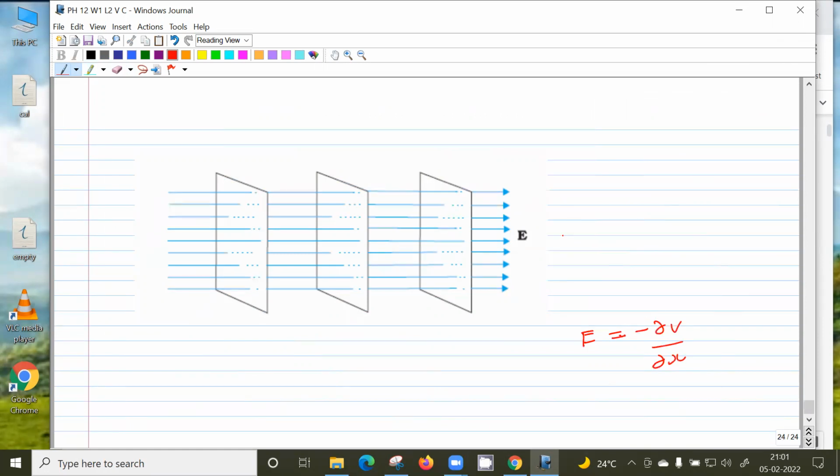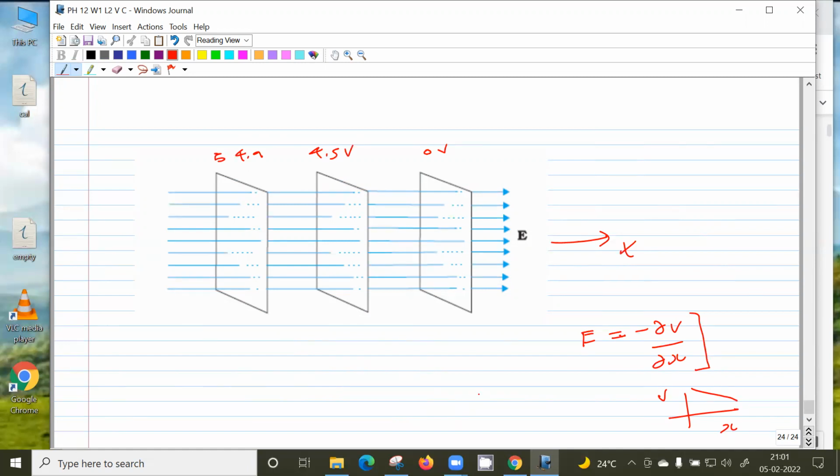Let me assume this is the x-axis. Here the electric field is uniform. So the variation of V versus x will be a straight line. Yes, sir. That's what is happening here. It's 5, 4.9 volts, and here it is 4.5 volts, and here it is 0 volts. But the rate at which it's varying, it's a straight line.